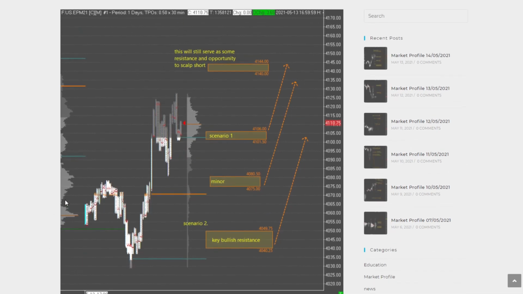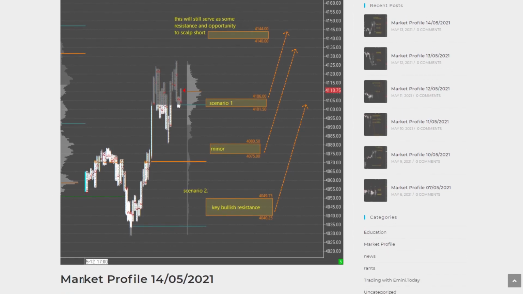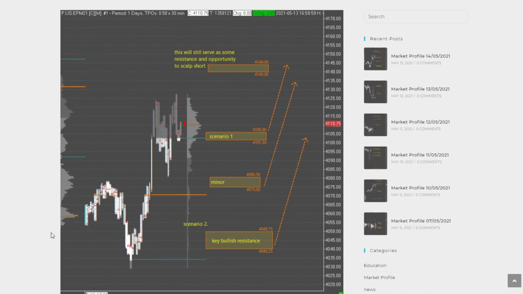One more thing, these, let's say, predictions are for the next 24 hours. So until the next analysis that I post, this one is valid. When I post the new one, on the next session, this one is no longer valid.